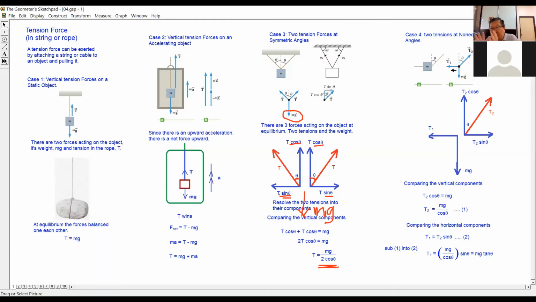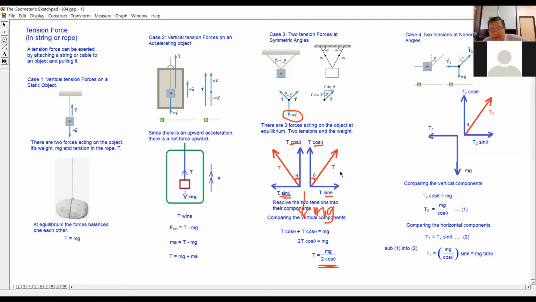The difference between case number 4 and case number 3 is that the angles are different. The angle at which T2 is pulling and the angle at which T1 is pulling the object are not equal. So if the two angles are not equal, then the tension in rope number 1 and rope number 2 cannot be the same.